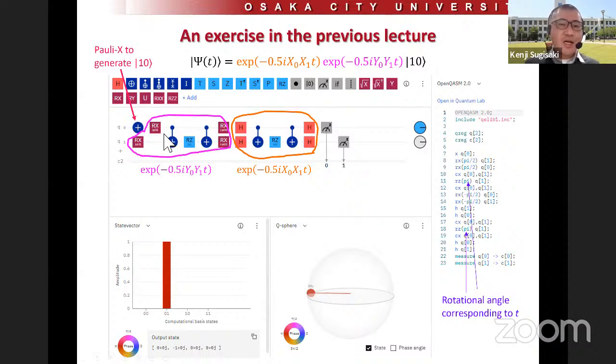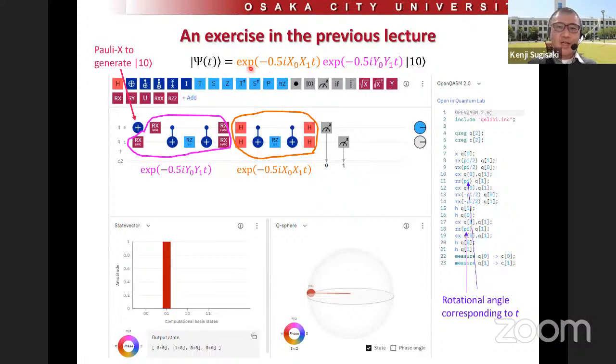First we apply RX with pi over 2, then apply a single CNOT, and then apply RZ. The rotation angle of the RZ corresponds to t, the evolution time. Then we have to apply another CNOT and RX with the rotation angle equal to minus pi over 2.